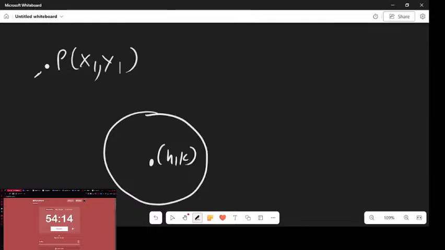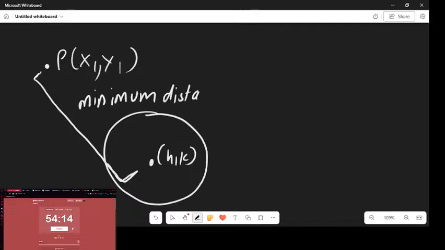If it's outside, the minimum distance is this much. Wait, this would be the maximum actually.